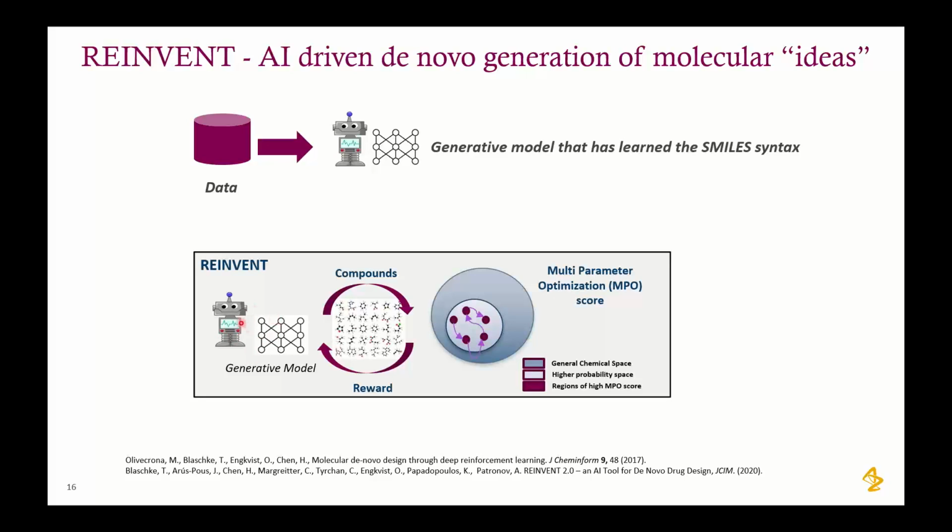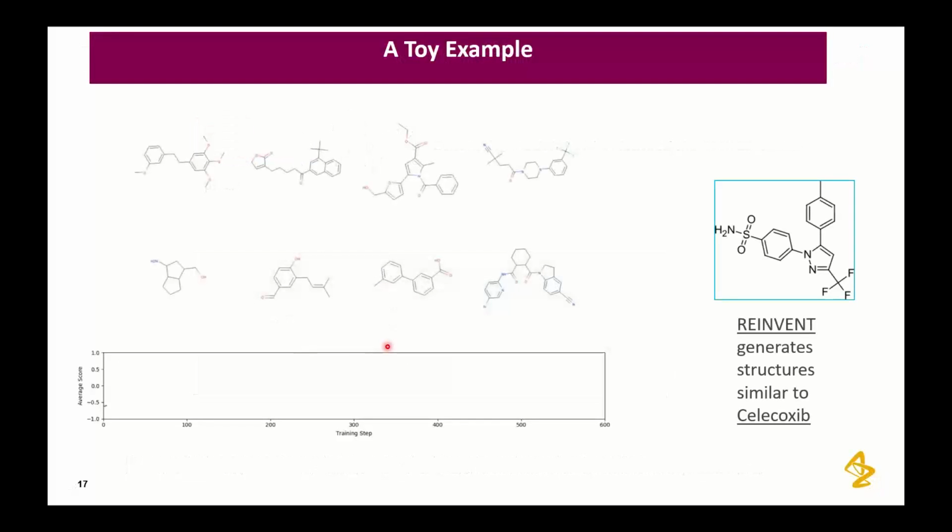And what the generative model does, it generates a batch of molecules, then they're scored, then that comes back as a reward, and it learns from what's been propagated back, and it generates a new, better batch of molecules. This improves gradually the ideas that it generates until it starts producing something that is of value and that we would actually collect.